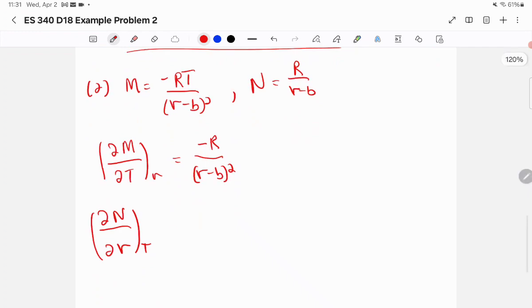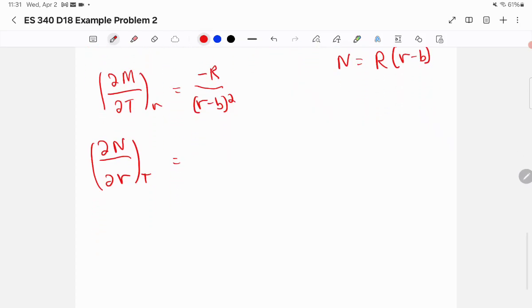I'm going to write N as R times (V minus b) to the minus 1. When I take the derivative, the minus 1 comes out front, so it becomes minus R times (V minus b) to the minus 2 power.